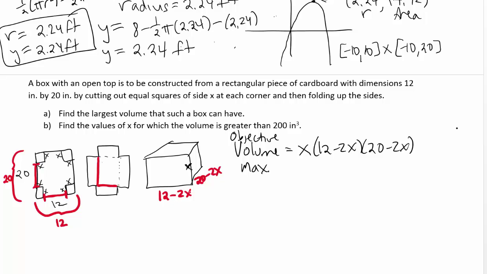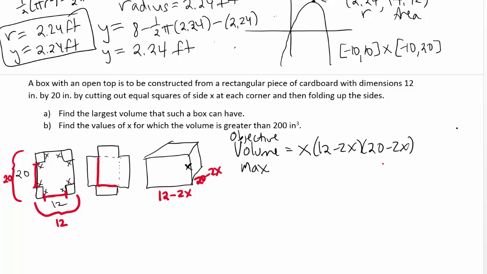And so we kind of built our constraint into this objective function. So you don't really have a separate constraint for this particular type of problem. All right, so now that we have this volume formula, the good news is it's entirely in terms of x's, so you don't have to do any changing of variables.